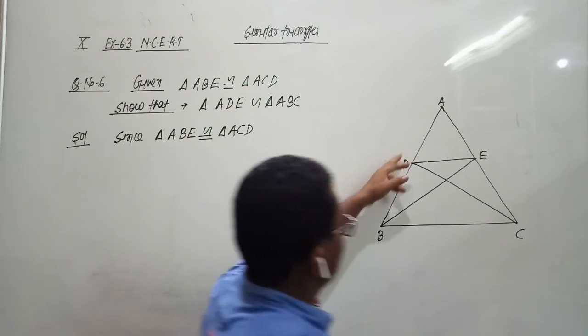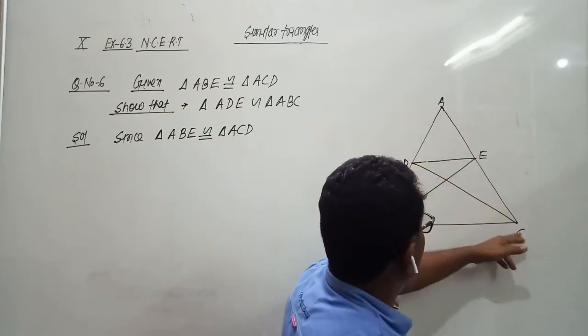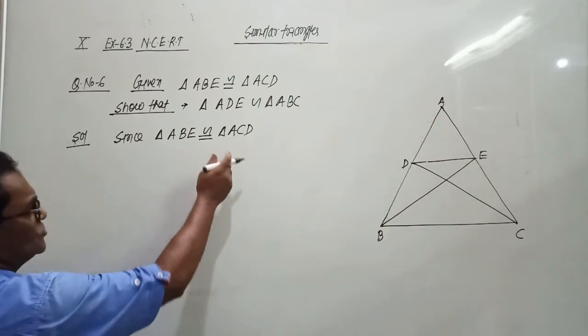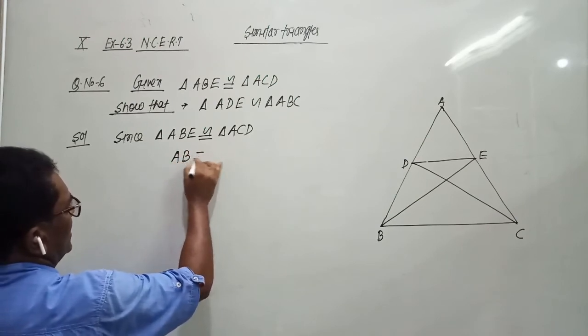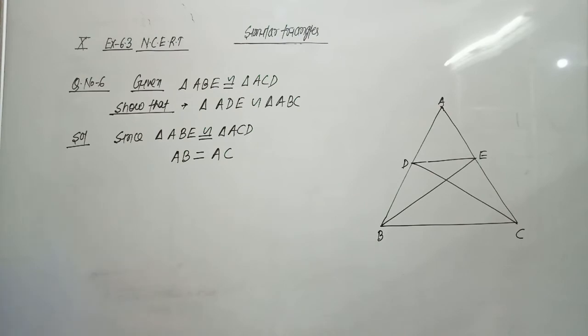In triangle ABE, side AB, and in triangle ACD, side AC. Since these two triangles are congruent, then by CPCT, AB is equal to AC. This is the first equation.